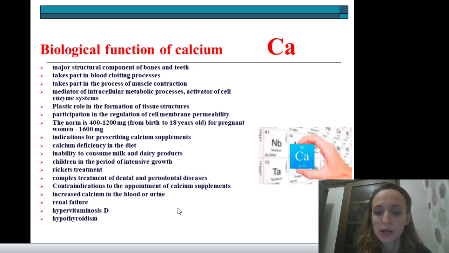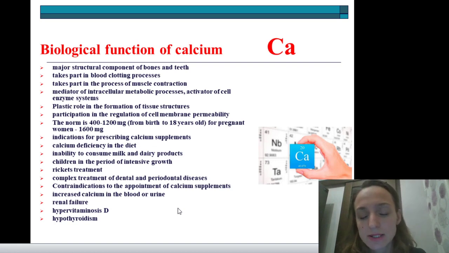Biological function of calcium: you know that it is a major structural component of bones and teeth, and this microelement takes part in the process of muscle contraction, and it is a mediator of intracellular metabolic processes, an activator of the cell enzyme system.